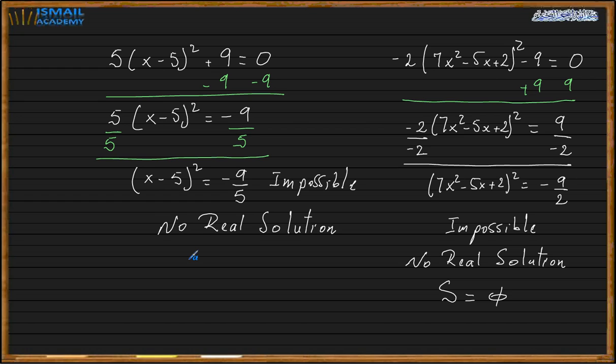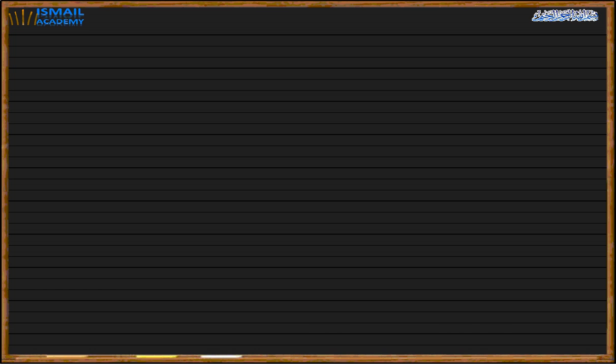So the next type: A times C is less than 0. We are going to solve ax squared plus c equals 0.